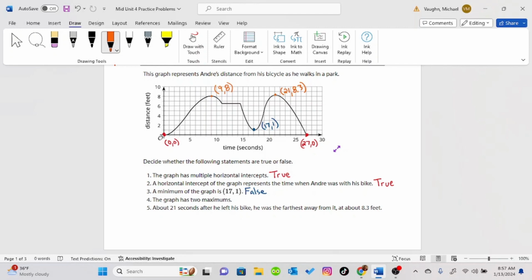So 21, 8.3 is the 1 maximum for this graph. So number 4 would be false. There is only 1 maximum.